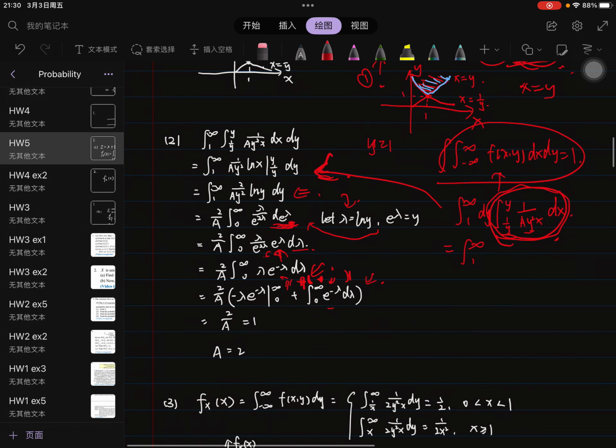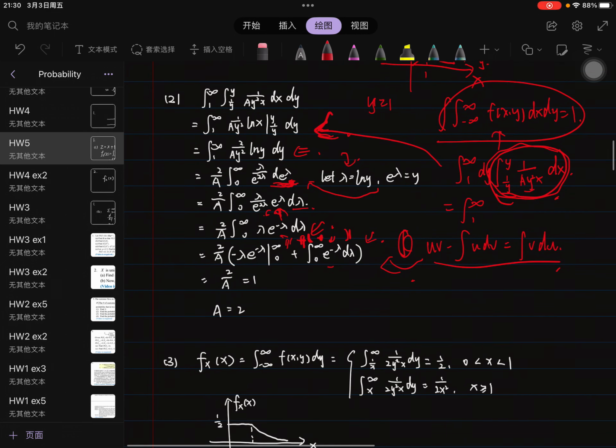I can write the formula here: integral of u dv equals uv minus integral of v du. This is our formula for this step. By this step we get 2 over a equals 1, so a is equal to 2.